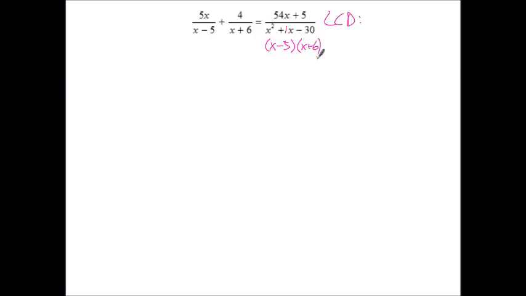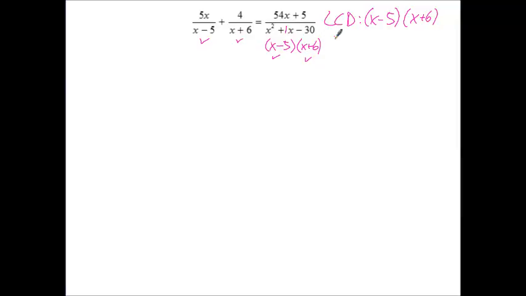So let's find our LCD. Starting from the left, we got x minus 5 here and here, both with an exponent of 1. So check. And we got x plus 6 here, and actually here again. So x plus 6 also with an exponent of 1.